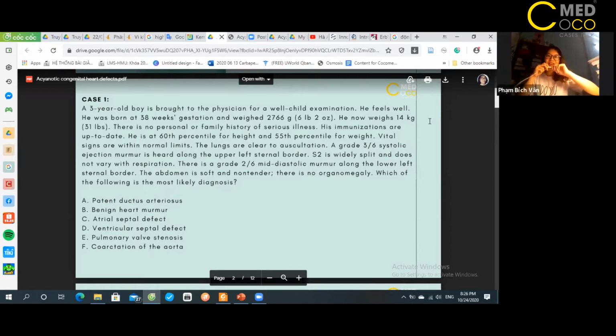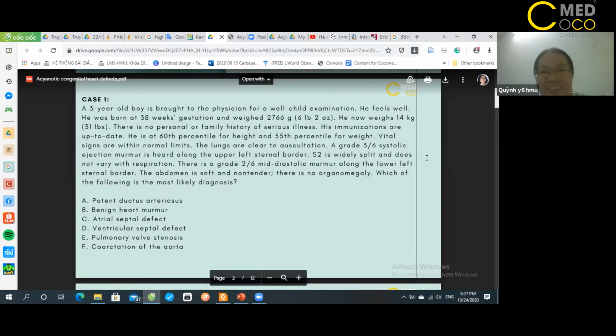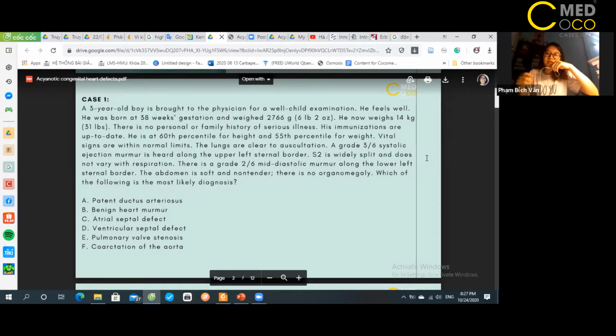In fact, I just search for the meaning of all the words I don't know, but I wonder if the weight and the height of this child are in the normal range. The 60th percentile of height and 55th percentile for weight is normal.